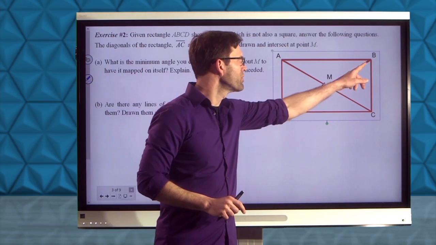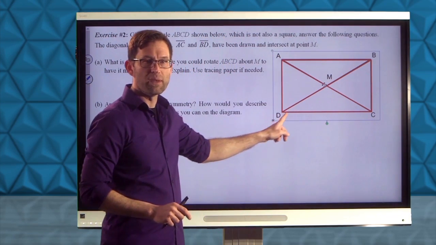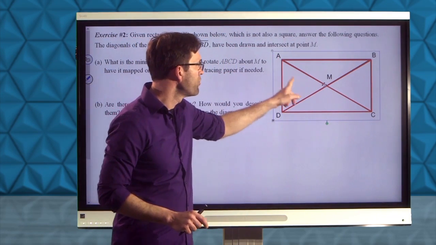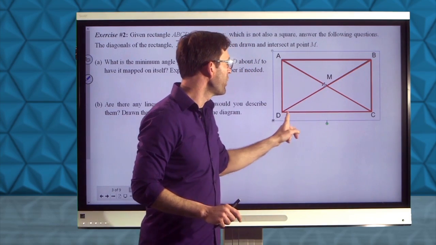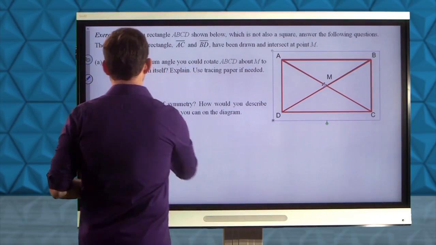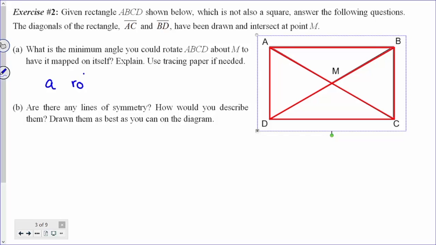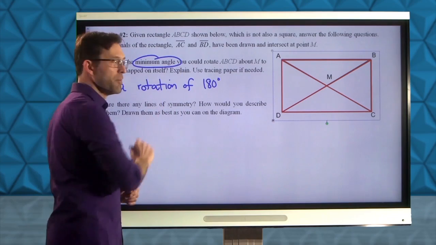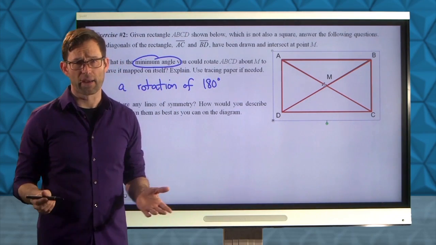And you can really see that. A 180-degree rotation will rotate point B down to point C, and point A down to point C. So a rotation of 180 degrees. Now, just as a little side comment, notice how it says what is the minimum angle.